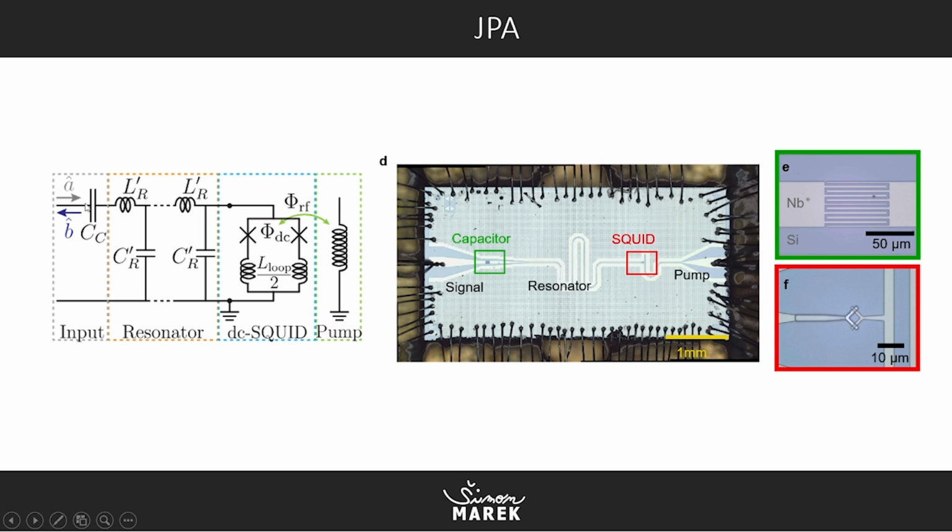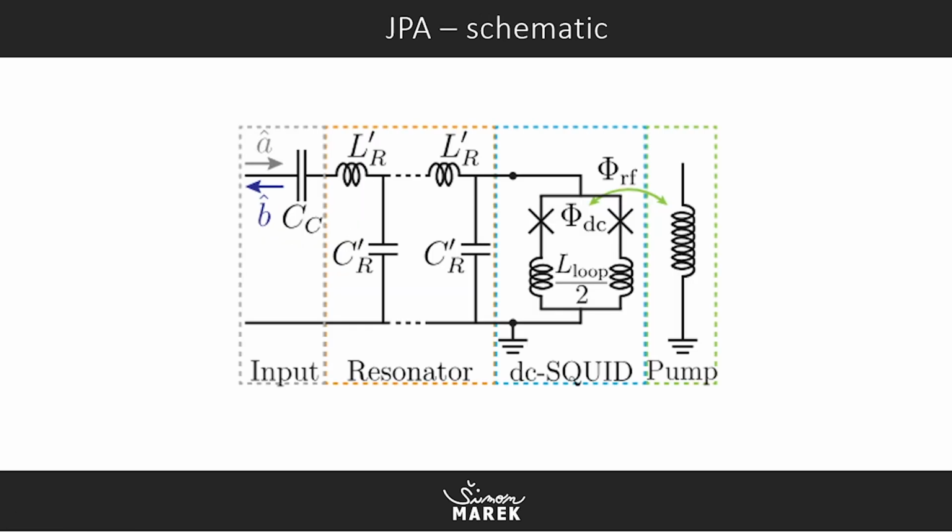And there is the circuit: there is an input capacitor, and there is one resonant cell which connects to the Josephson junction, and there is an inductor which is here, which is used for tuning the Josephson junctions and pumping the signal to the Josephson junction. So this is only a schematic, which we already explained in the previous slide.